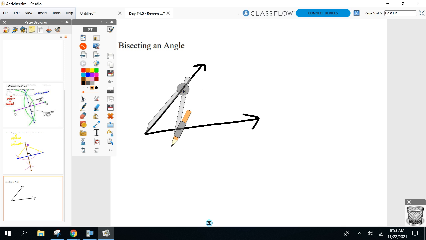Remember, I put my compass point on the vertex of the angle I'm bisecting. Make an arc through. And then some of you already know the deal here. I go to each point of intersection and make two more arcs that intersect right above that first one.